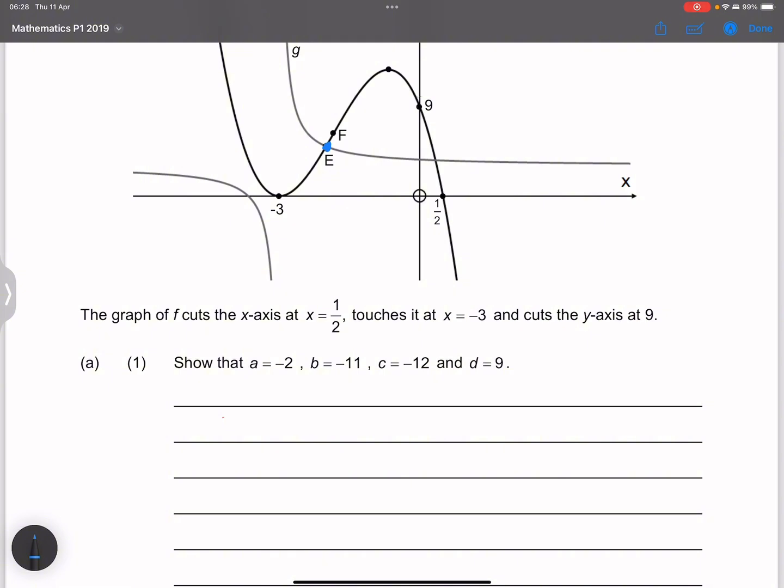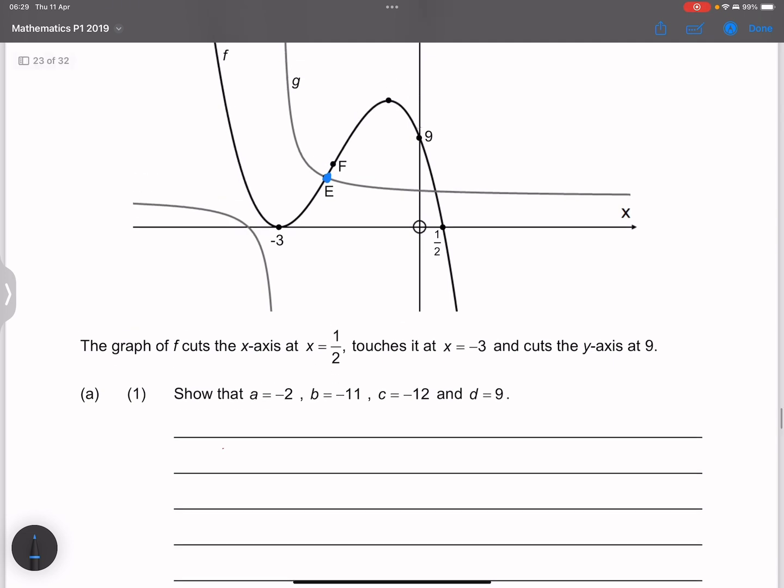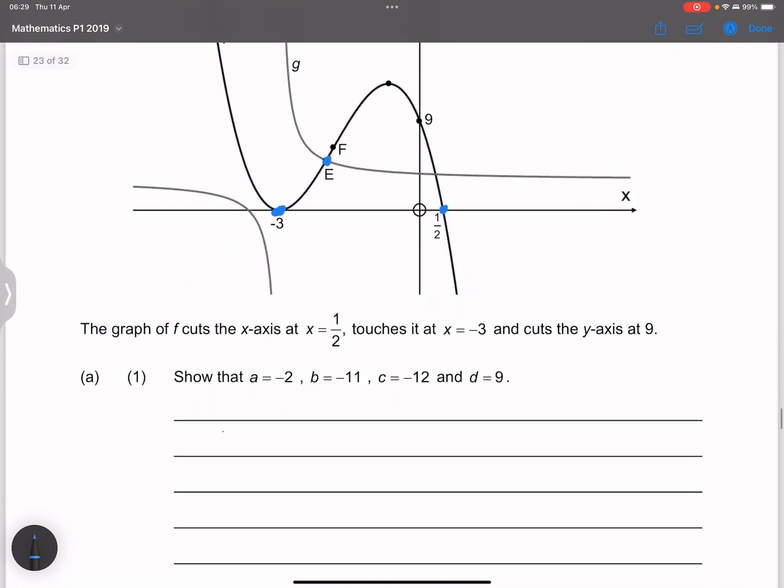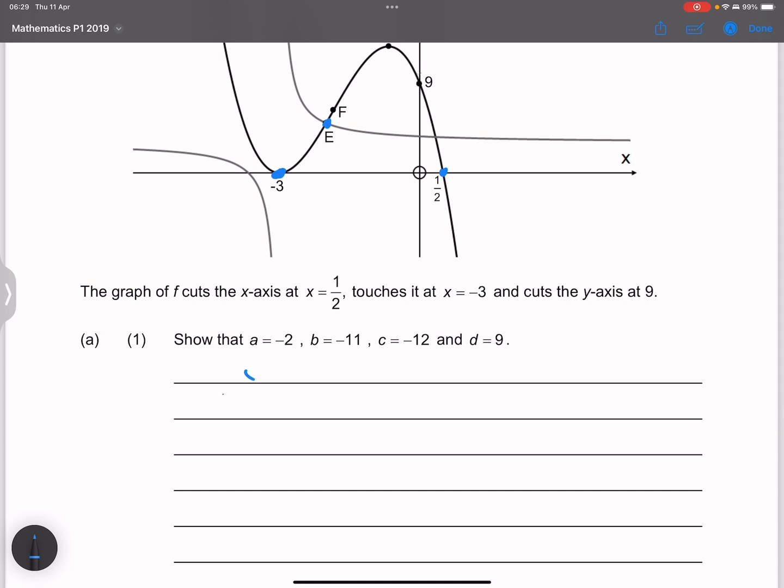All right. Now they say to us, show that the value of A is equal to minus 2, B is negative 11, C negative 12, and D. Now, ladies and gents, what I'm going to do here is that I'm already given the turning point over there, which is also the x-intercept, as well as one of my x-intercepts. So I'm going to actually take all my x-intercepts.